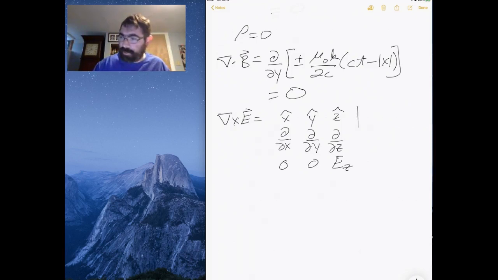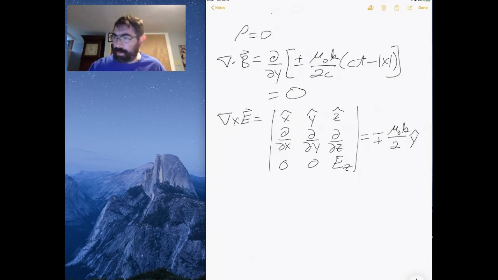Basically, there's only a z dependence to E, which in the end would give me essentially the time derivative of B. So if I take the time derivative of B, I get minus plus mu 0 k over 2 in the y direction.